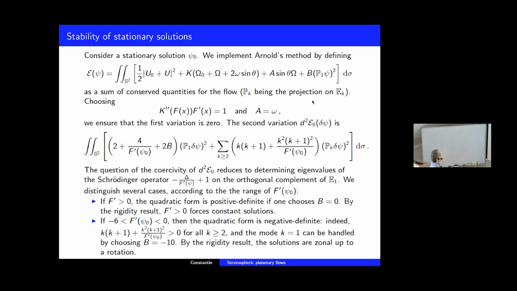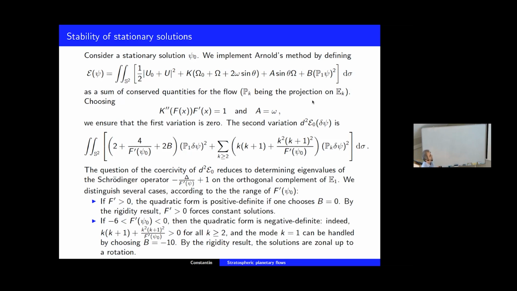What you see here is an observation that was made several decades ago, namely that the important thing here is this B. I can play with two constants here.